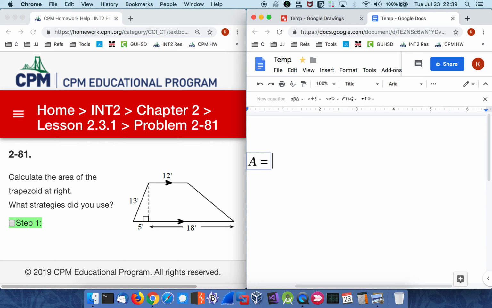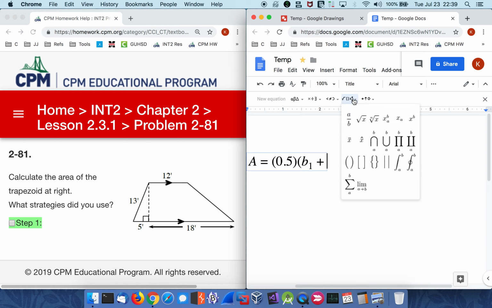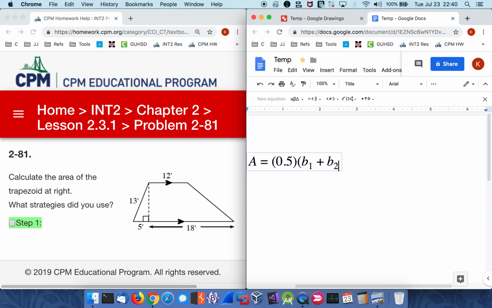Alright, so area of a trapezoid equals 0.5, so 1/2, times base 1 plus base 2 times the height. Okay?